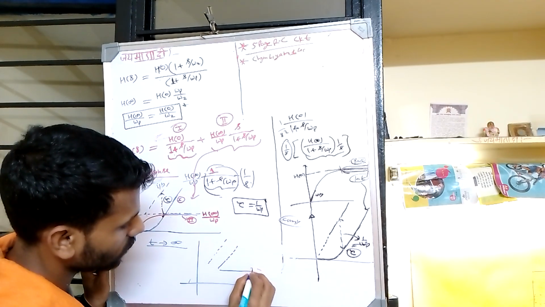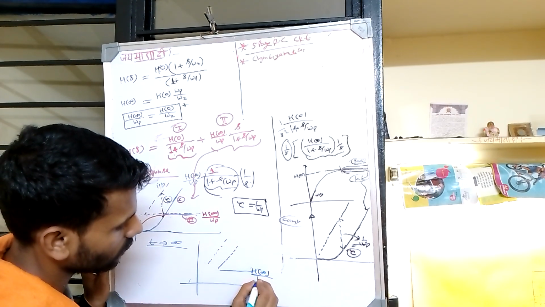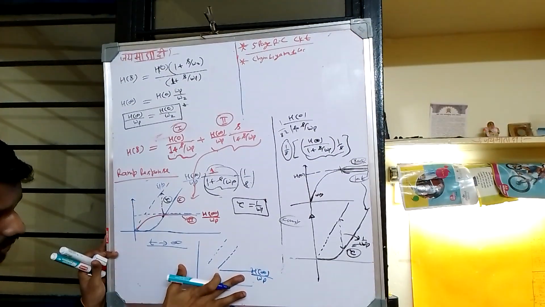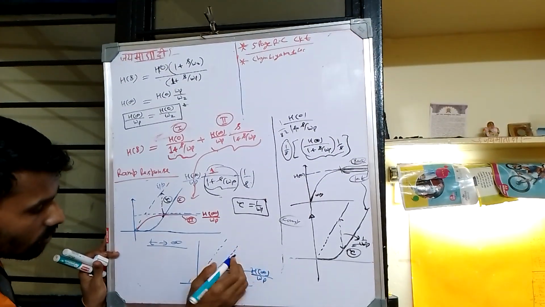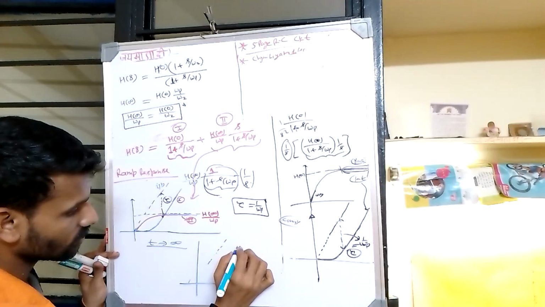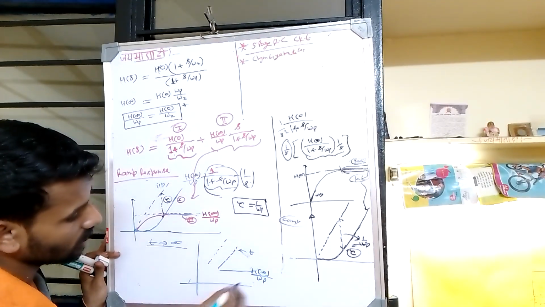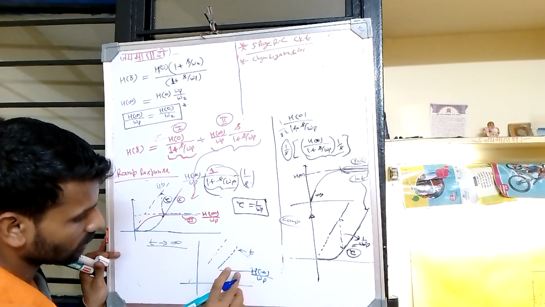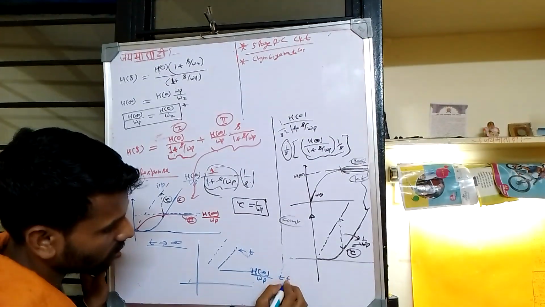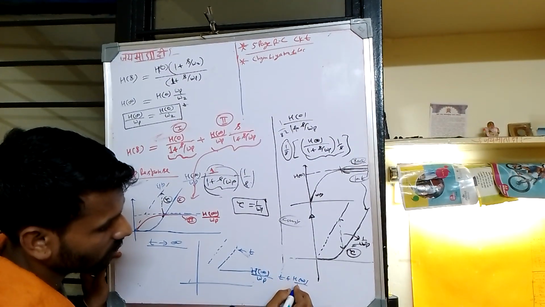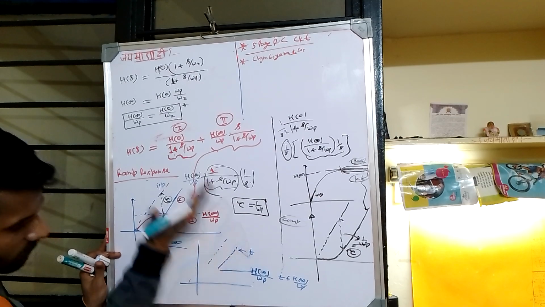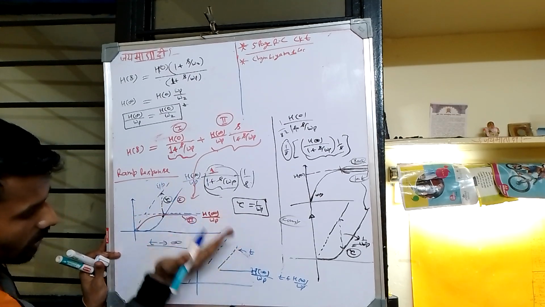And what is the constant value? H of infinity by omega p. So if you add this constant value to this plot, let us suppose this plot is nothing but t, then it will become t plus h of infinity by omega p. Means you shift upward.